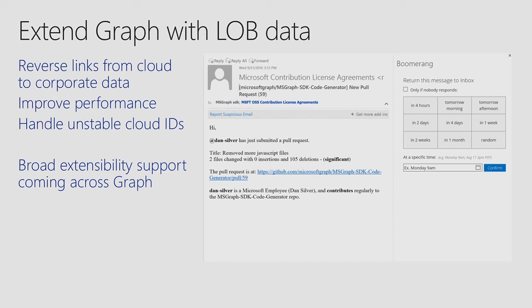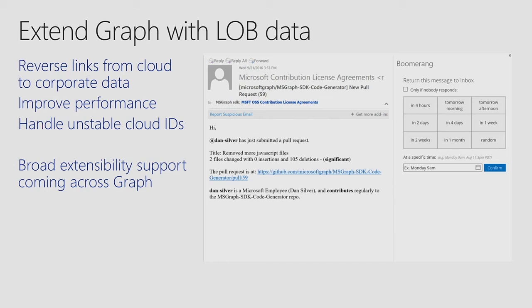If anyone's used Boomerang, it's essentially a way to deal with an email that comes in. You say, I need to deal with this, but maybe someone else will, and you can see it's sent to a large group of people. So I'll set a reminder for myself: if no one else has dealt with this, remind me in a couple of days or whatever.